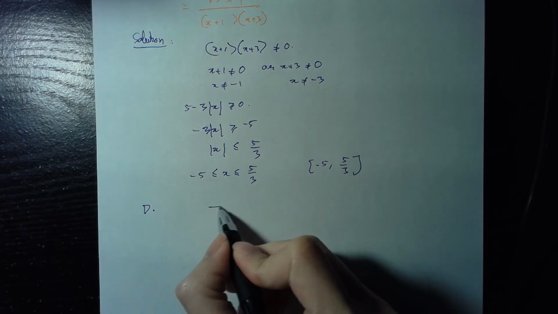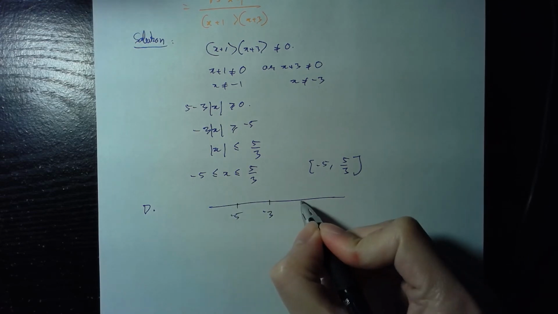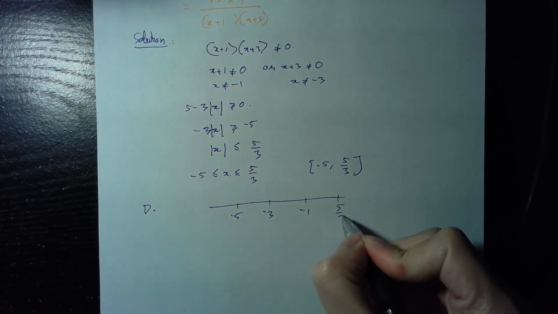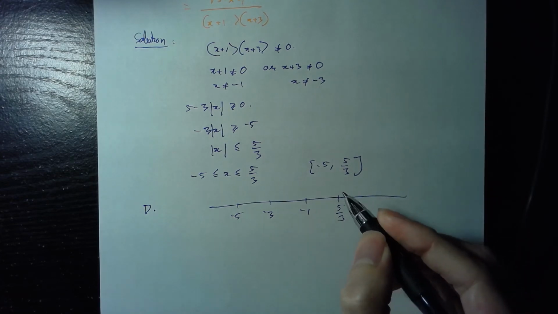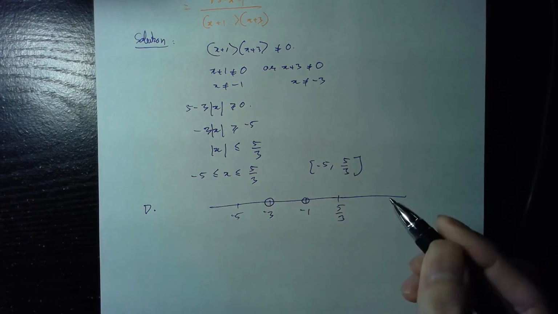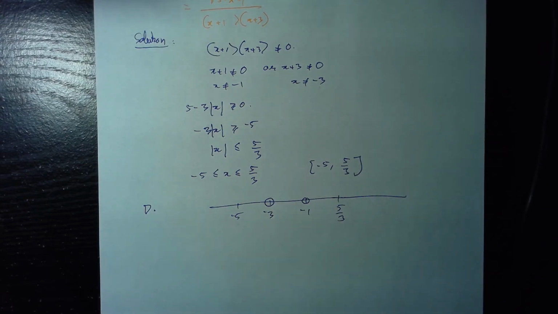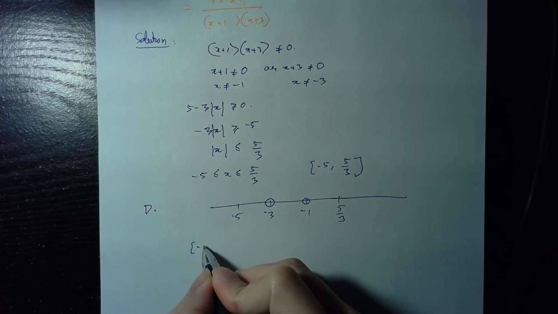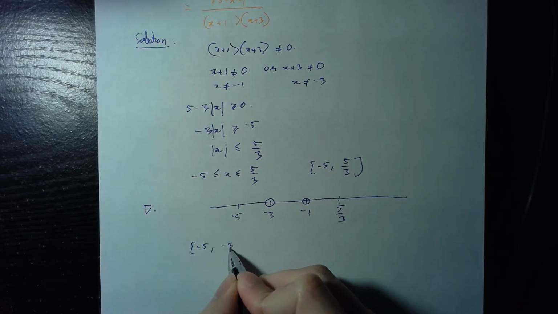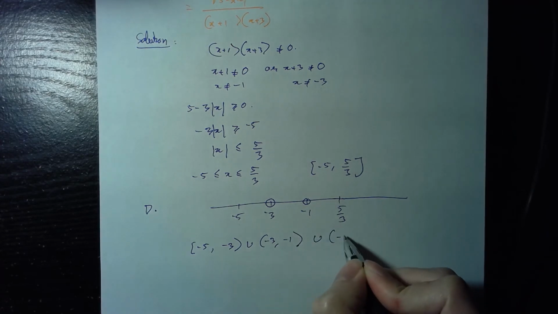If you put it on the number line, I have -5 over here, -3 here, -1 here, 5/3 here, right? We don't want -1 and -3, and we want between this and this. So the domain will be (-5, -3) union (-3, -1) union (-1, 5/3).